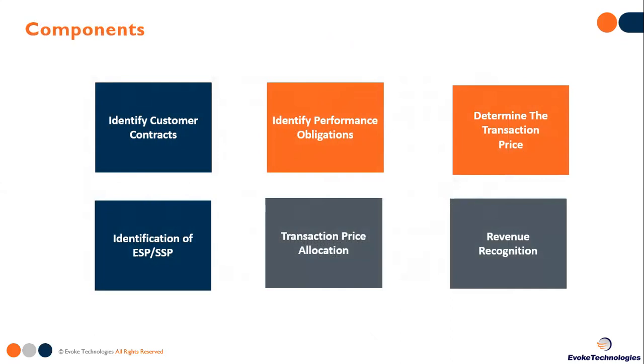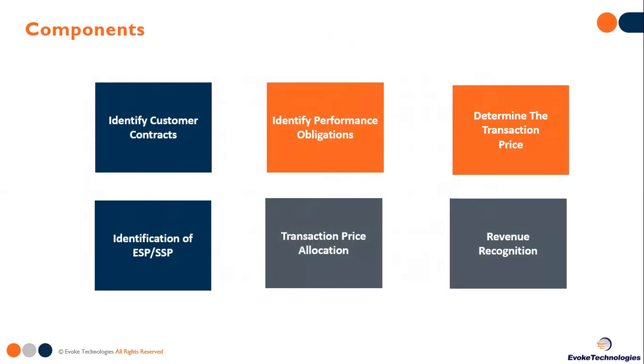Now let us understand the components of RMCS. The first is identify the customer contracts. Second is identify the performance obligations forming part of the contract. And third one is determine the transaction price. So transaction price is nothing but the selling price or a contract price. And the identification of ESP, SSP, estimated selling price or standalone selling price.